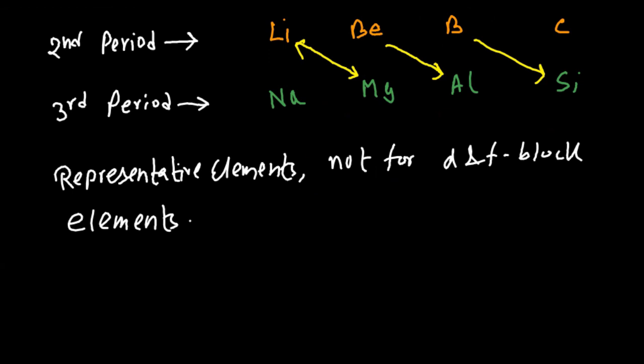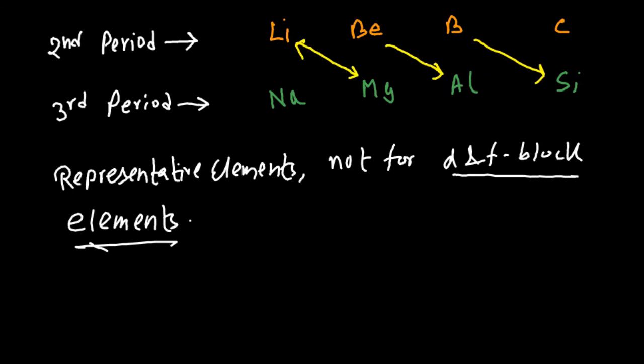Why? Because the D and F group elements have many properties which are opposite in nature compared to the representative elements. That means you cannot mutually cancel their properties. They have certain unique properties which are quite different from those of the representative elements. That is why the diagonal relationship is invalid for the D and F block elements.